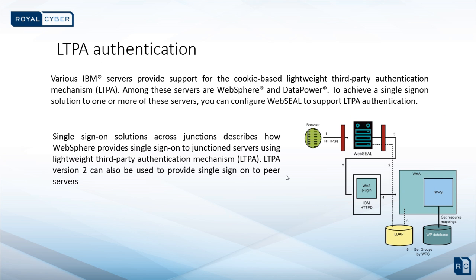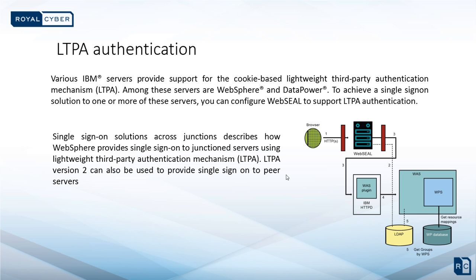Another thing is the LTPA authentication, which is another method of authenticating with IBM Security Access Manager. When an unauthenticated user makes a request to a WebSeal protected resource, what would WebSeal do? It will first determine whether an LTPA token cookie is available or not.